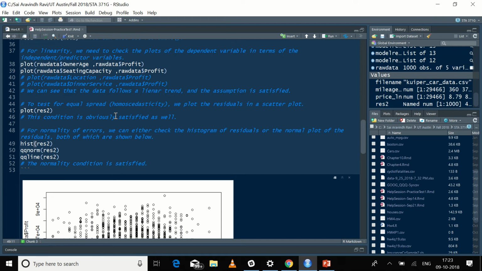Okay, but is it wrong to plot the raw data and check for linearity? Okay, all right.